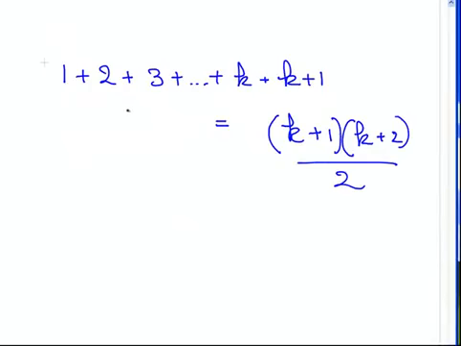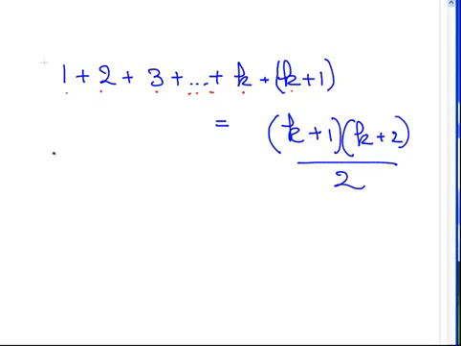So here we have 1 plus 2 plus 3 all the way up to k plus 1. Let's put that in a little bracket there. And let's show that that is equal to... let's use our formula to see what that would be equal to.